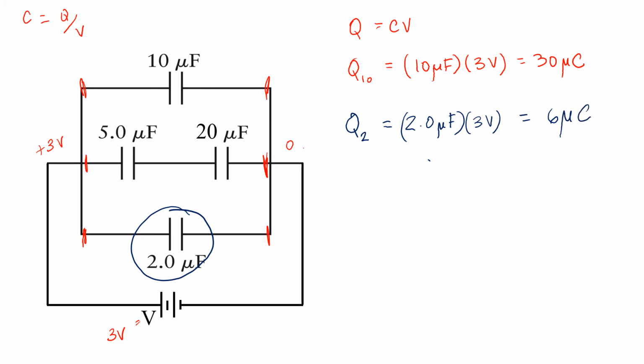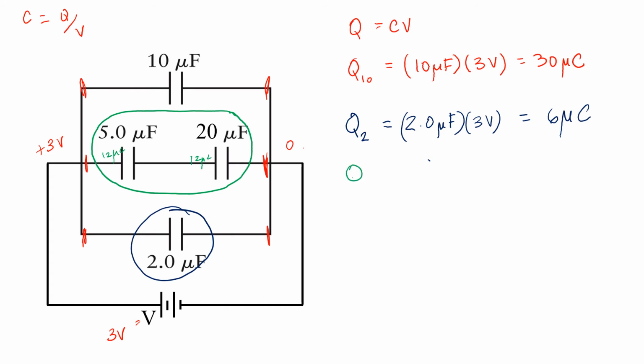Now I know the total is 48, so I know that between these two in the middle, the charge is the remainder, so 12 microcoulombs being stored there. But we can double check that.